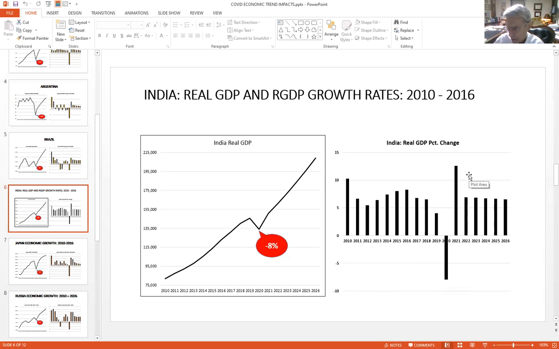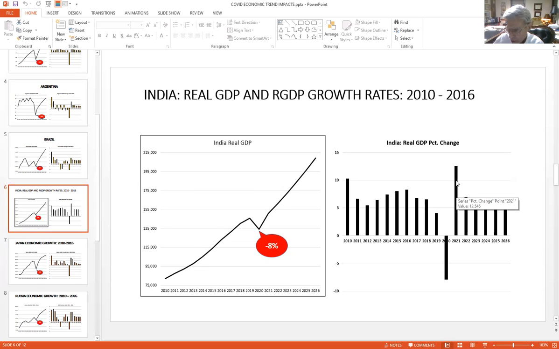Now, India has been historically a rapidly growing economy. And you can see the growth rates here, some well over 5%. That's a lot faster than the US historically has enjoyed, for instance.